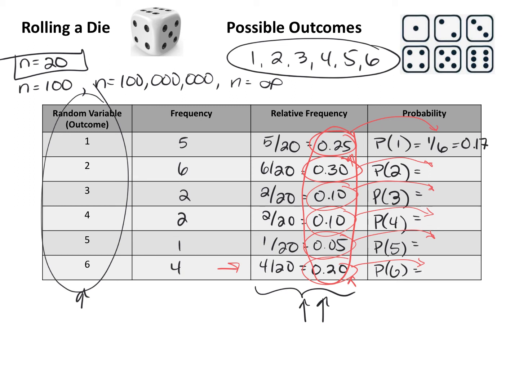My chance of rolling a two is just as likely as rolling a one, a three, a four, or a five. So all of these probabilities are going to end up being 1 out of 6. Or you can convert that to a decimal and multiply it by 100 to get the percent, which is about 17%. Each outcome has the same chance of occurring. So in this column, this is the probability distribution.